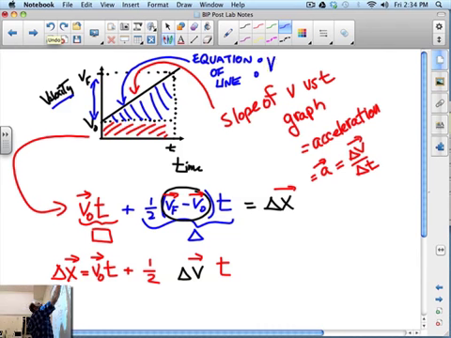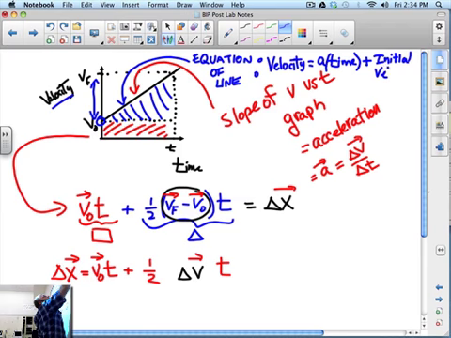This is the general equation of that line. Velocity equals, now the slope would be what? That's our acceleration. Acceleration times time plus our vertical intercept, initial velocity.